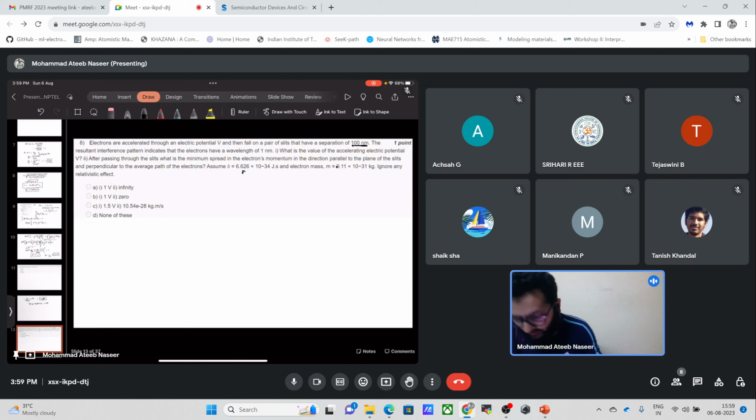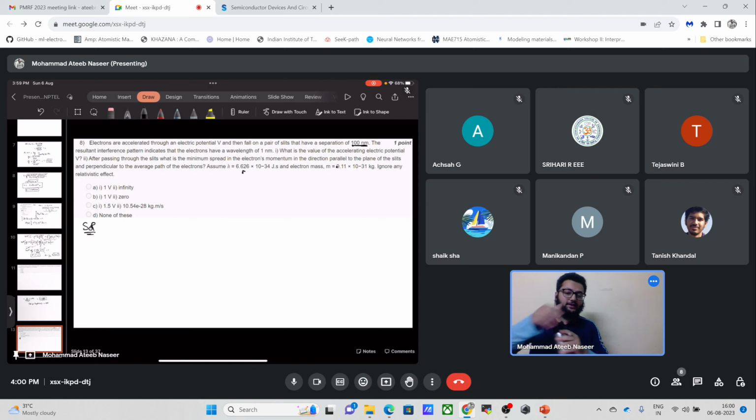So as both of the gentlemen said, we need to use Heisenberg's uncertainty principle for the second part, and we should use this energy balance as well.